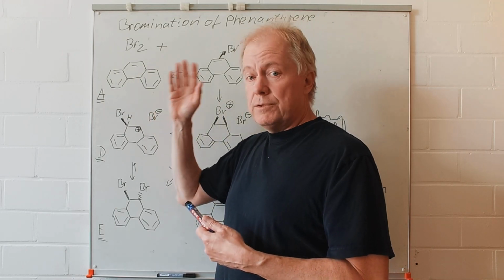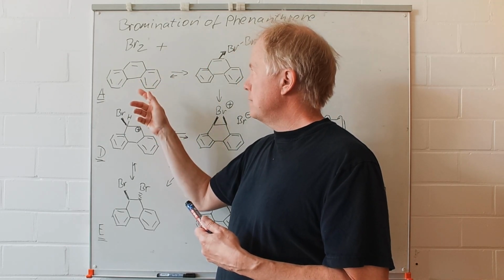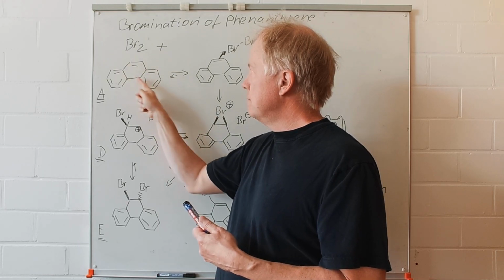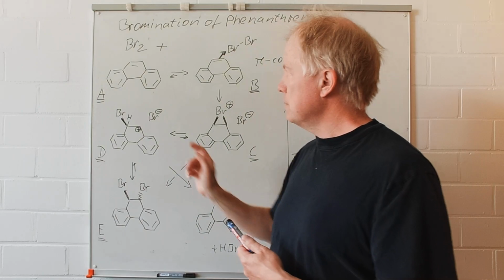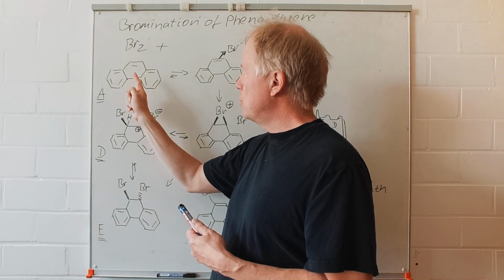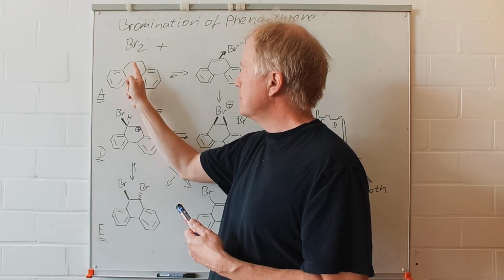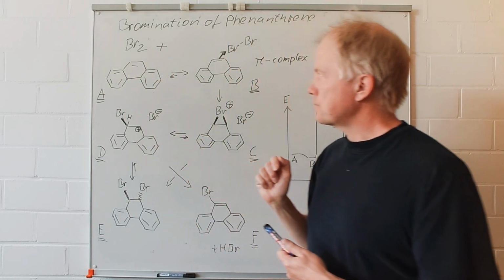The reactive part of the phenanthrene is within the central, still slightly aromatic ring. It is this double bond between the positions 9 and 10.